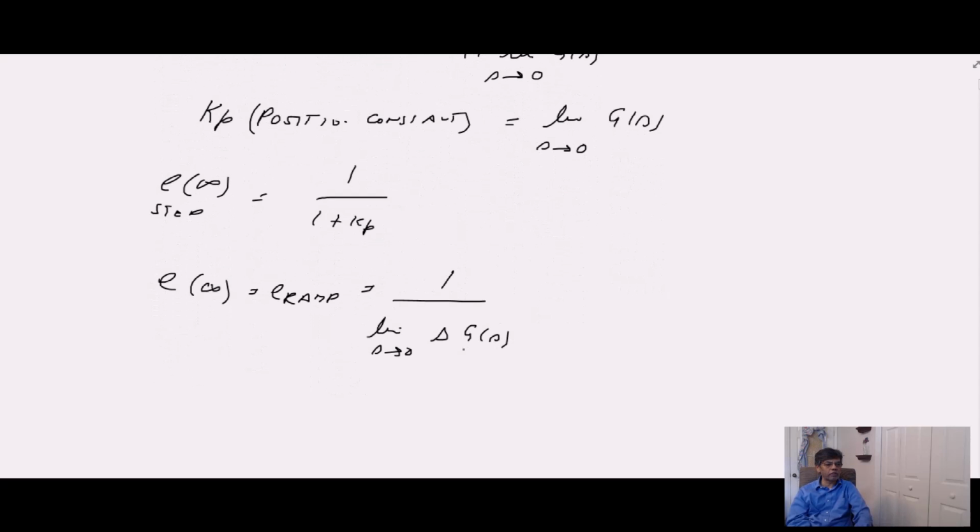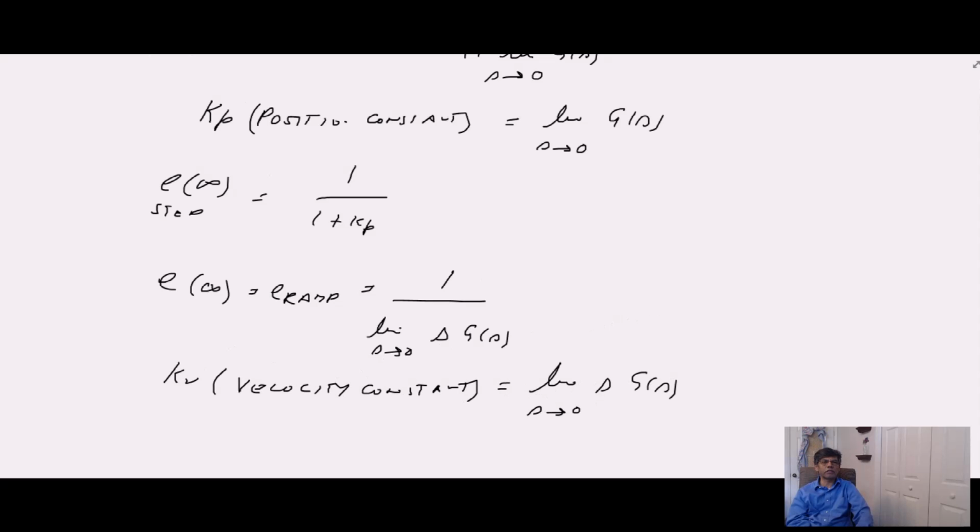So this limit as s goes to 0 of sG(s) is now called the velocity constant, and you write it as Kv. That velocity constant is equal to the limit as s goes to 0 of sG(s).